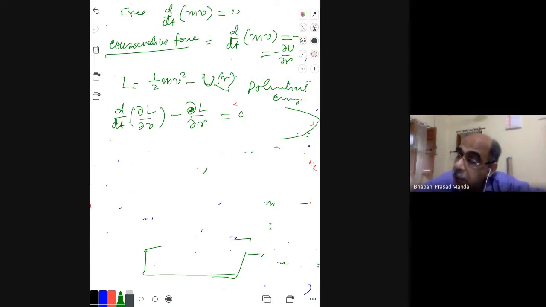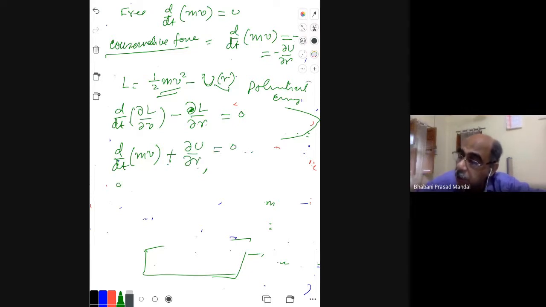So now what will happen? I find from here, d/dt of del L del v, where del L del v will be mv, minus del L del r. The kinetic part does not depend on r, so there will be a minus from the potential, and so plus del U del r equal to 0.